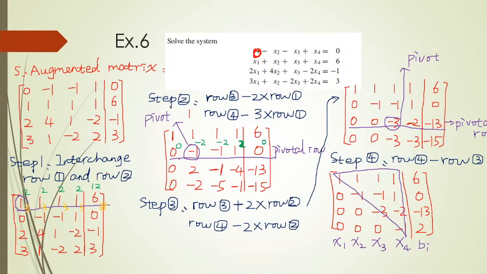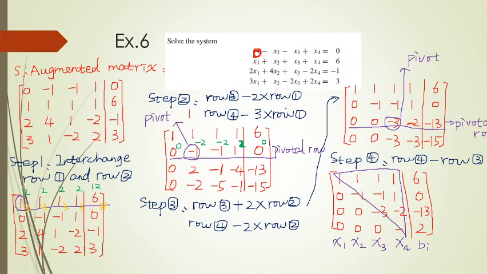For those steps 1, 2, 3, 4, those are all called row operations, okay? Interchange row 1, row 2, that is row operation type 1, right? And then this step 2 replaces the row by the row sum with a multiple of another row.